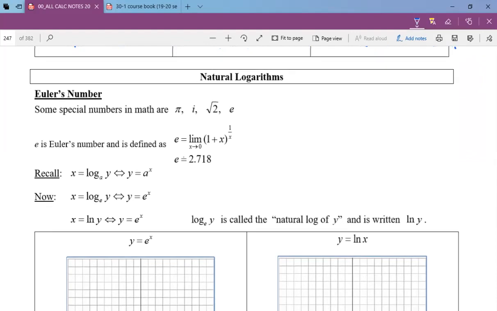This next bit talks a little bit about some special symbols that we use in math. Some of these numbers we've been seeing for years, like pi and square root 2. Some numbers we haven't seen yet: e, and this other one, i.